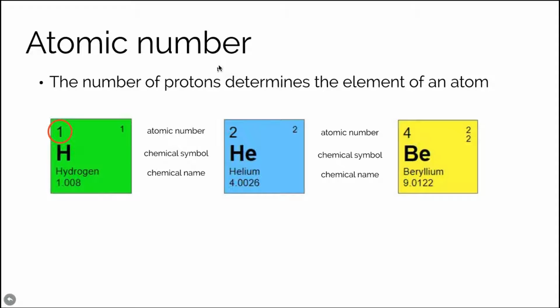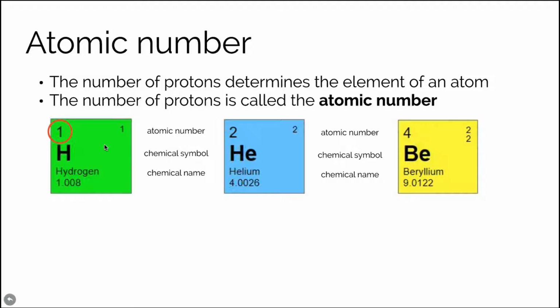This atomic number is important because it tells us exactly the number of protons in an element, and it's really the number of protons that tells us what an element is. This is the defining characteristic of an element. So when we're reading these diagrams, when we see that hydrogen has an atomic number of 1, we know that if we were to build an atomic model for it, it would just have 1 proton in the nucleus.